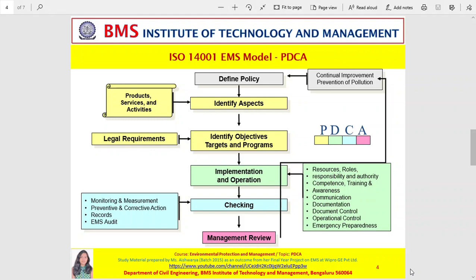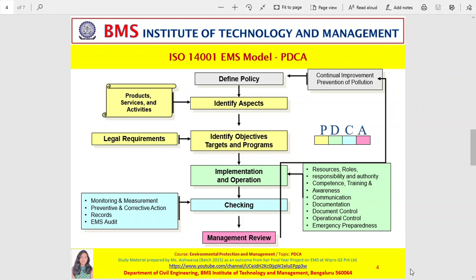The environmental policy document holds all the major goals that the organization plans on achieving at the end of the successful implementation of an EMS. So this policy document serves as the basic guideline for the organization to address its environmental concerns in a broader outlook.